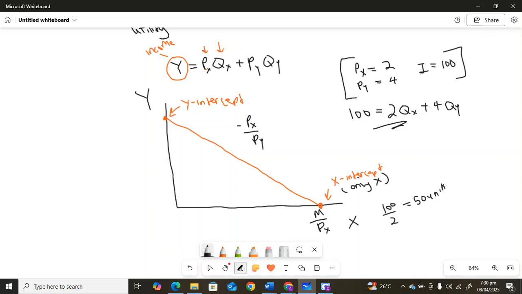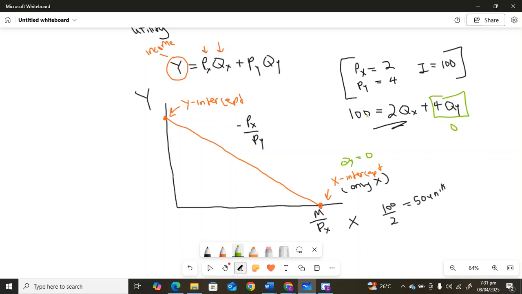Another way we can get your x-intercept, because remember here, you're only buying good x, you're not buying any of good y. So you can also equate Qy to 0. Okay. If you equate Qy to 0, here, 4 times 0, that becomes 0.